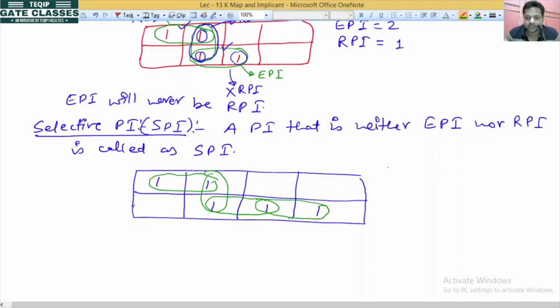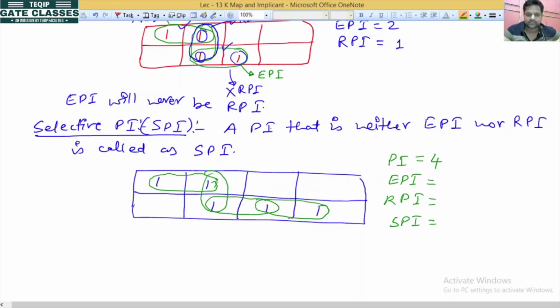So how many PI are there? PI will be 4, because the maximum grouping will be 4. So 1, 2, 3, 4 groups are there, so PI will be 4. Now I want EPI, RPI and SPI for this scenario.